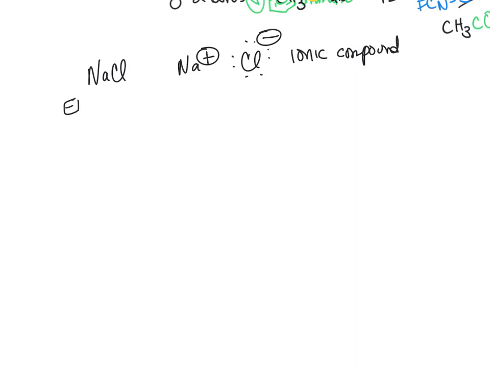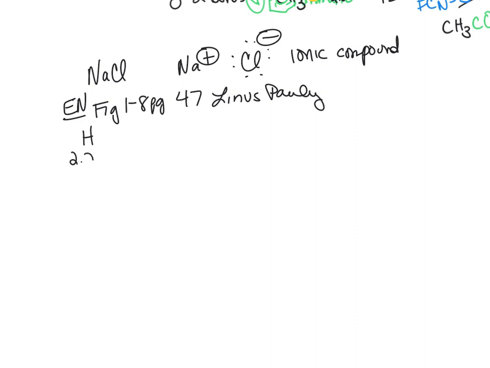When you look at electronegativity charts, we have figure 1.8 in your book on page 47, and this is from Linus Pauling, who received a Nobel Prize for assigning these polarities.